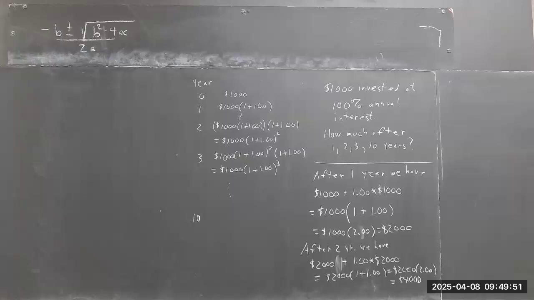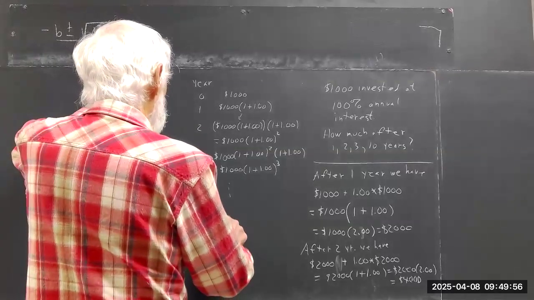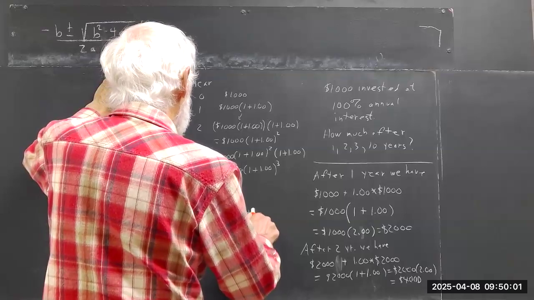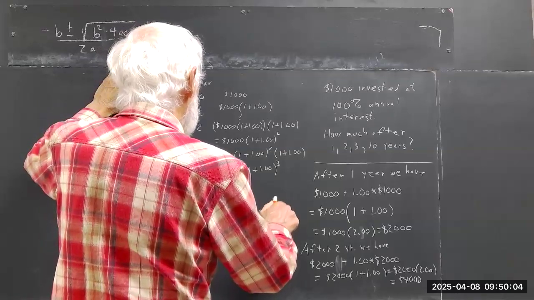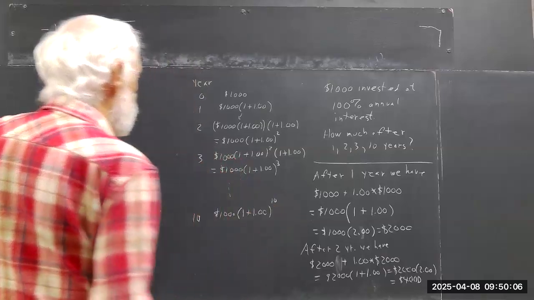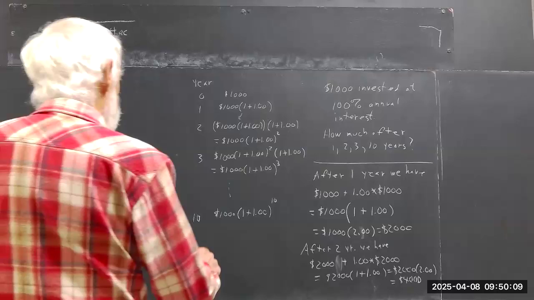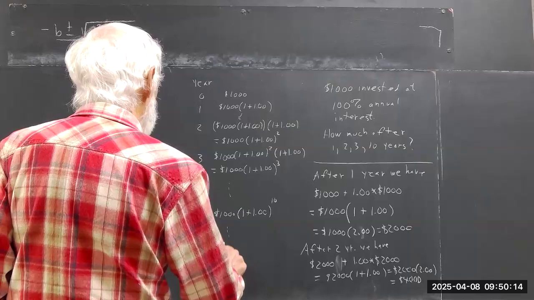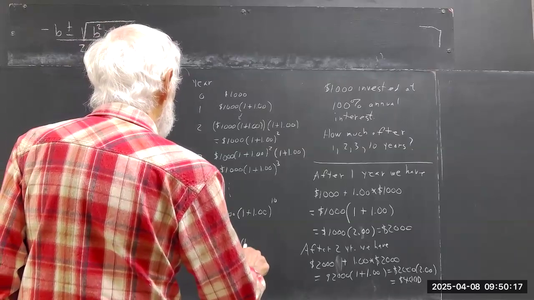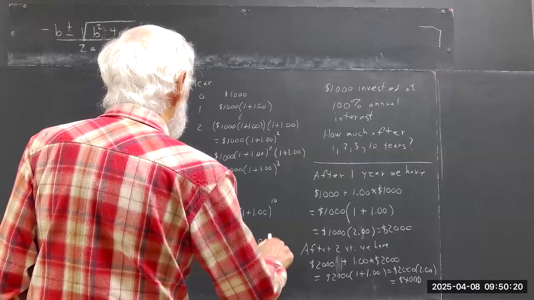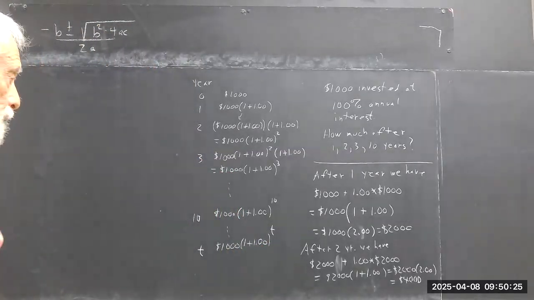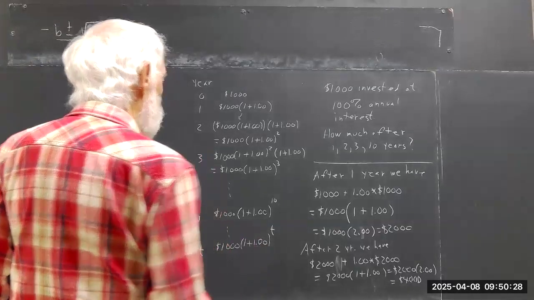And I hope I'm recording this. Yeah. Okay. We'll have done it 10 times, and we get, okay, get this. After T years, we get $1,000 times 1 plus 1.00 to the T. And of course, 1 plus 1.00 is just 2.